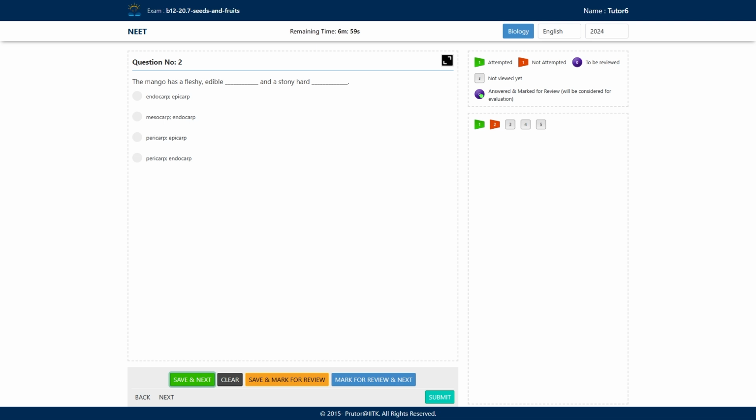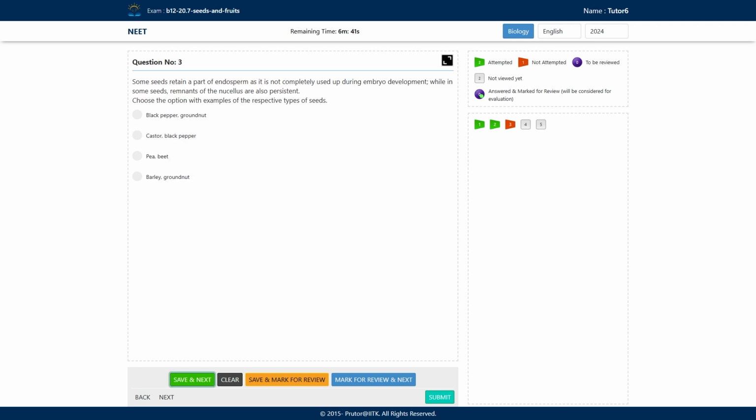And the stony hard part inside the mesocarp is called the endocarp. So I'll take this as option B, mesocarp and endocarp. We will save and move to our next question.